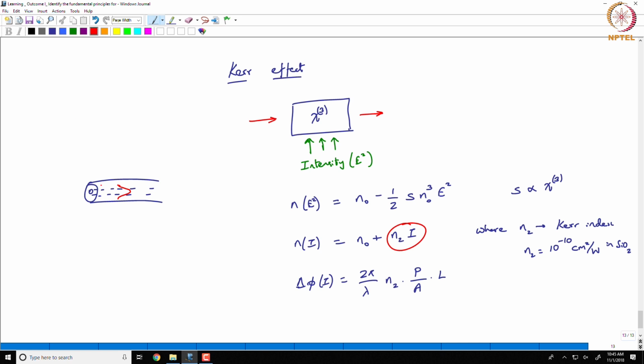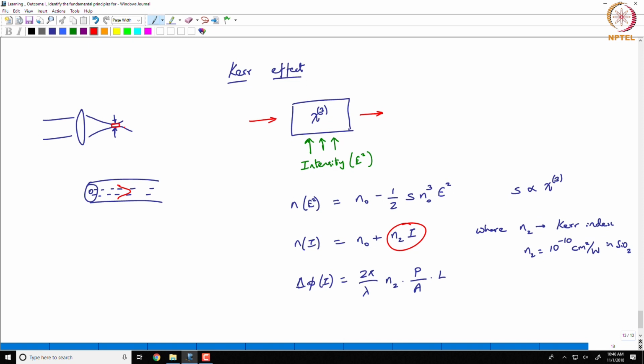Normally, if you are trying to see these nonlinear effects, what you would do is you would take a laser beam, use a lens to focus it down to as small a spot as possible, right. But in this case, you see that your nonlinear interactions are confined to only this region, because that is where it has maximum intensity.